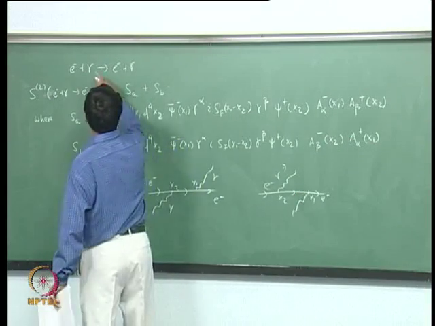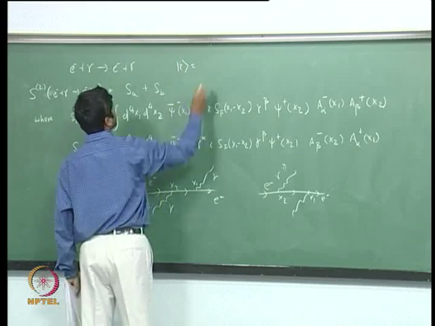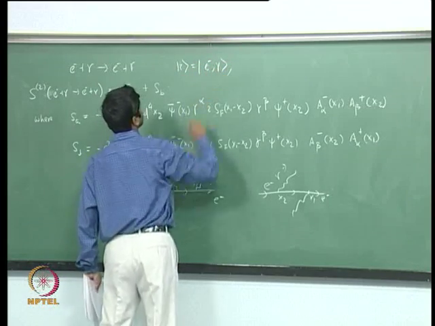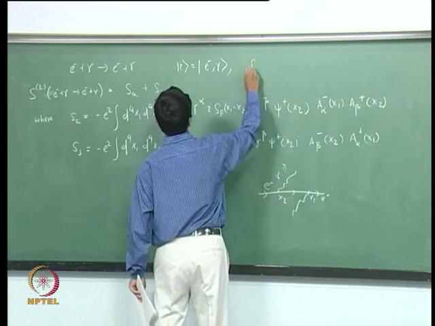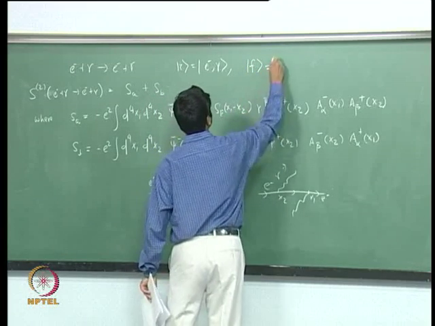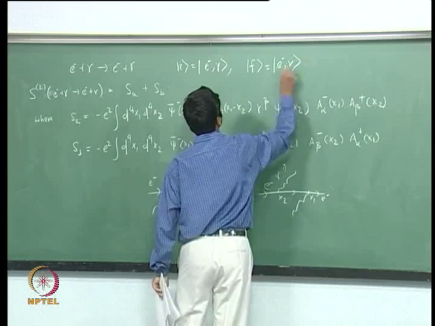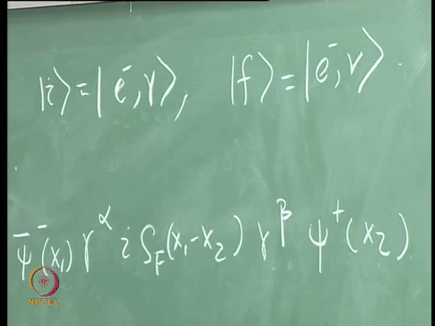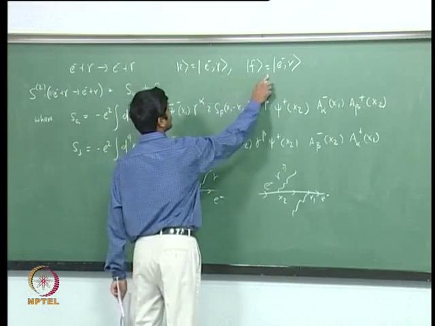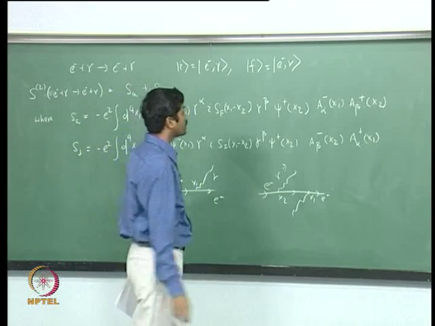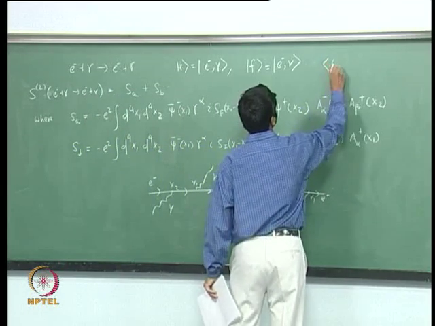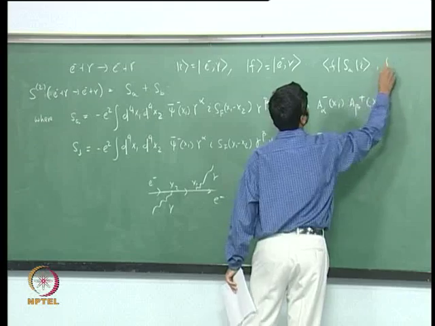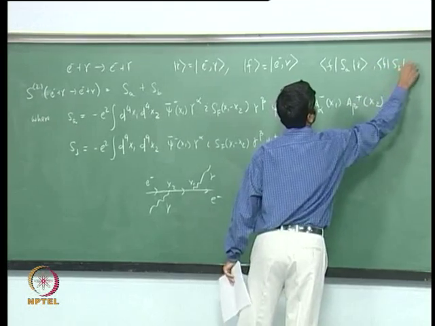So, what we need to do is consider the in state, which has one electron and one photon, and the out state or final state F again has one electron and one photon. We need to consider the spin, polarization and momentum of the photon as well as the electron in initial and final state, and find the amplitude for this process: what is ⟨F|S_A|I⟩ and what is ⟨F|S_B|I⟩.